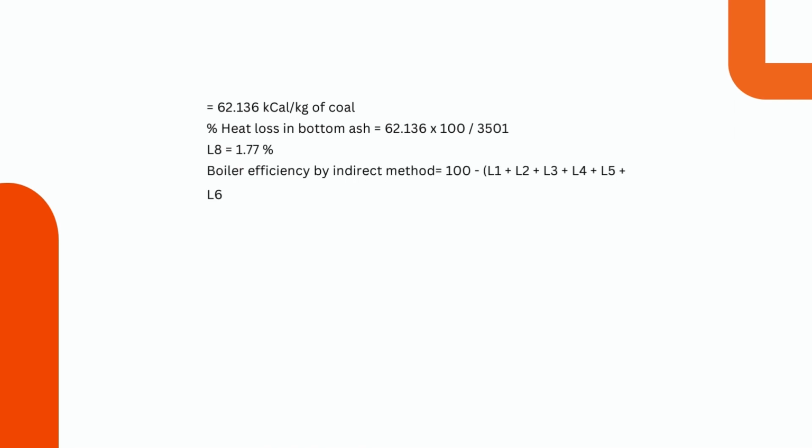Percent heat loss in bottom ash is 62.136 into 100 divided by 3501. L8 is 1.77%. Now, boiler efficiency by indirect method is 100 minus all the losses we have calculated, that is 77.77%.